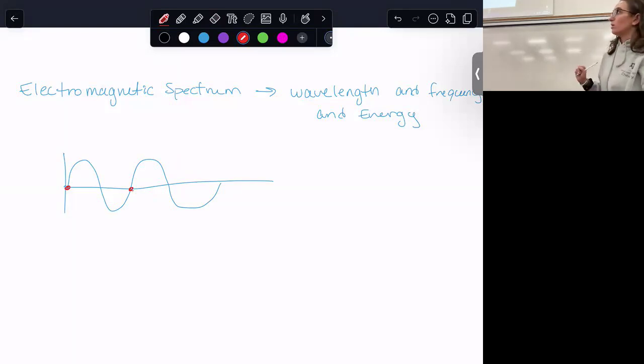So we have one wavelength from red dot to red dot, and then we have another wavelength from red dot to purple dot. They're uniform, usually. I'm drawing. Okay, so this is your wavelength, represented by lambda.